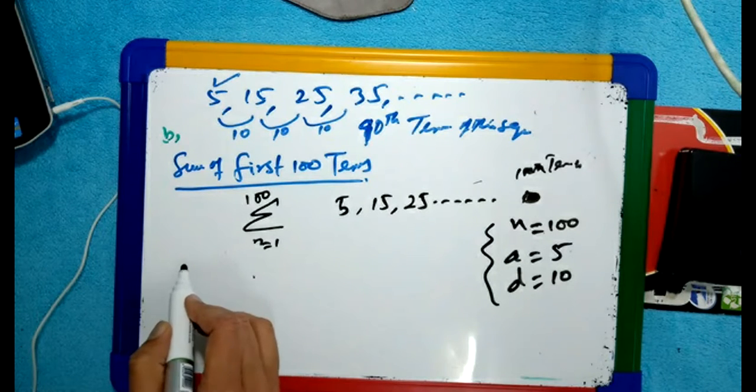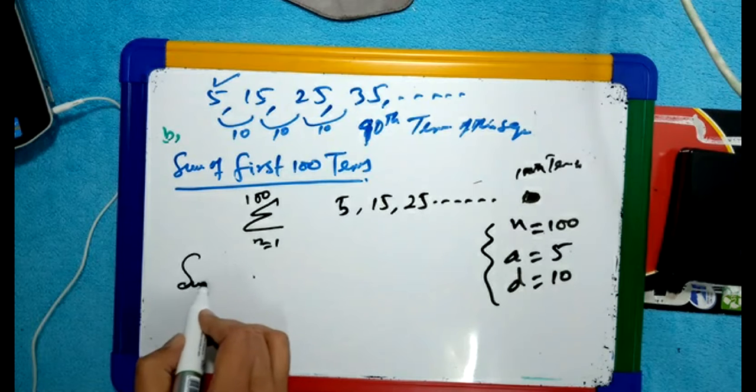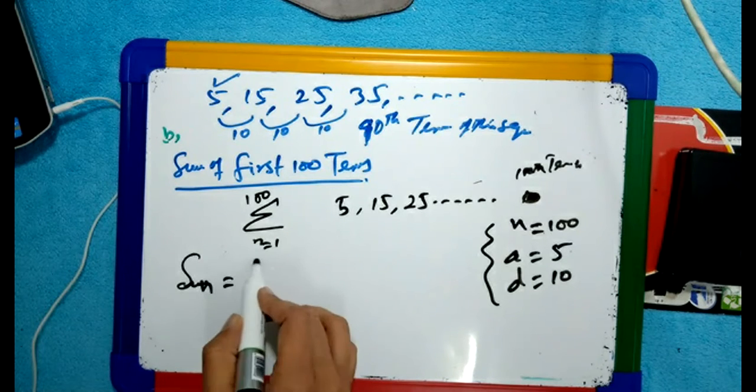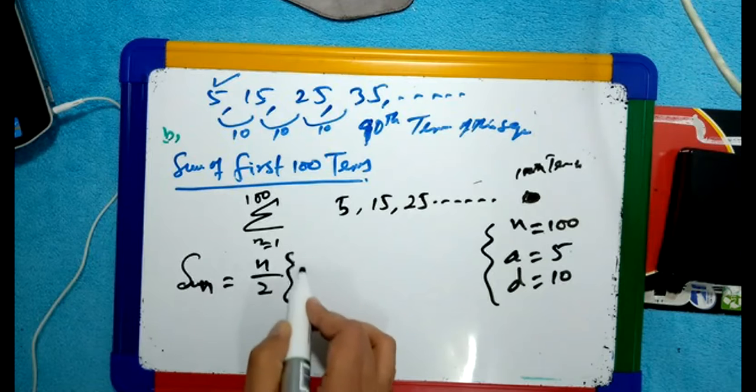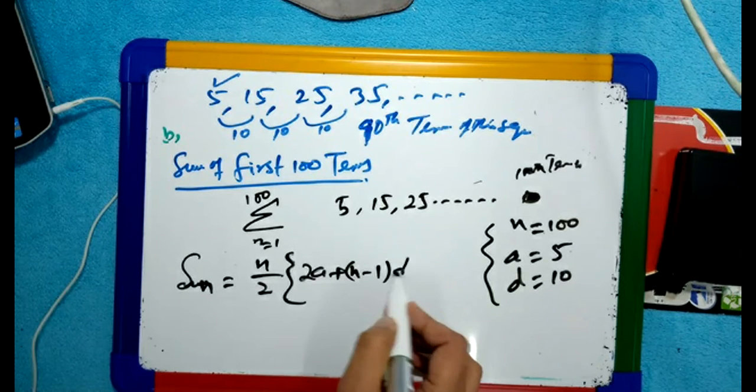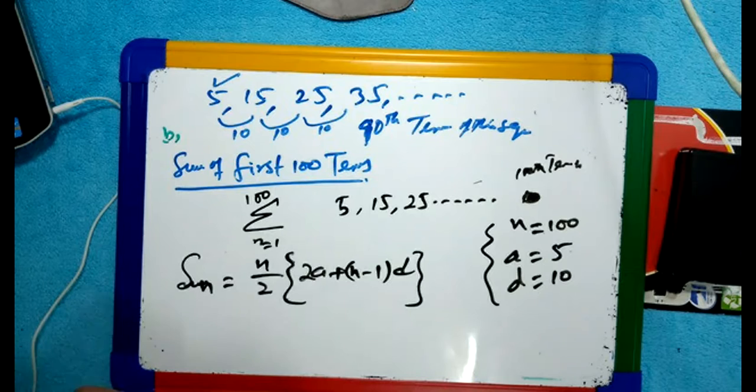Now the sum formula: the sum of n terms, Sn, equals n over 2 times 2a plus n minus 1 times D. This formula you need to remember, then it is easy for you.